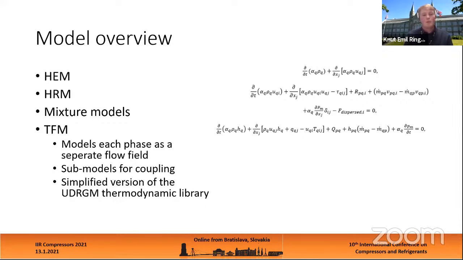Then you couple those equations together using different, typically more complicated relations for friction, mass transfer, and heat transfer. In this work, we used a similar thermodynamic library to the UDRGM, but we simplified it, for example, by removing some gradients to improve convergence time.